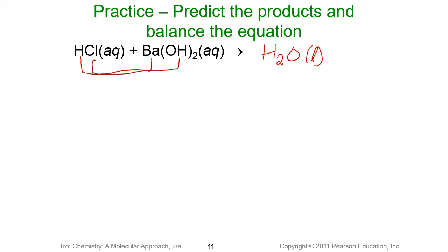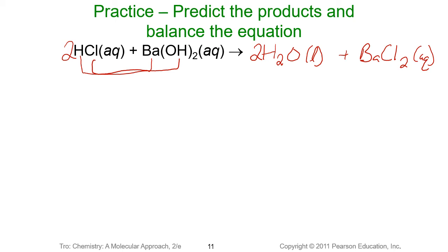Barium is a +2, chloride's a -1. And so we get barium chloride. Now to balance this reaction, we've got 2 chlorides, so we're going to need a 2 in front of our HCl. This gives us 2 H's and 2 OH's. So if we put a 2 in front of the water, that balances our chemical reaction.